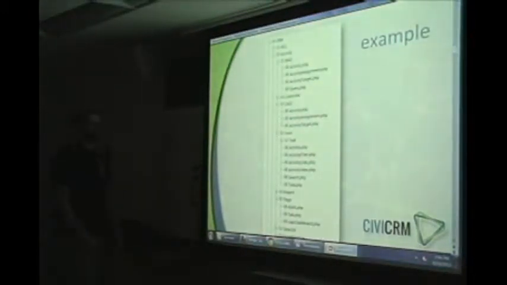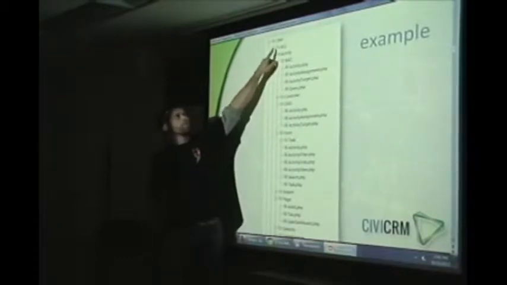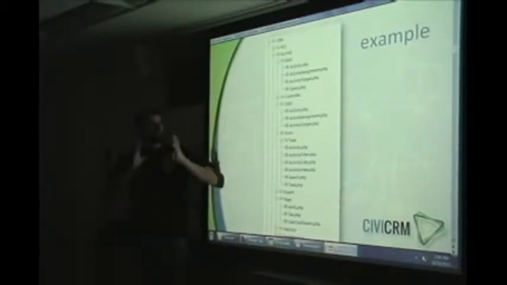So here's an example. I just took a snapshot of this, and this is activity. If you've got a laptop and you feel like doing this, it might be helpful if you download a package from CiviCRM.org and open it and look at it. You don't have to, but if you want to, that's helpful.